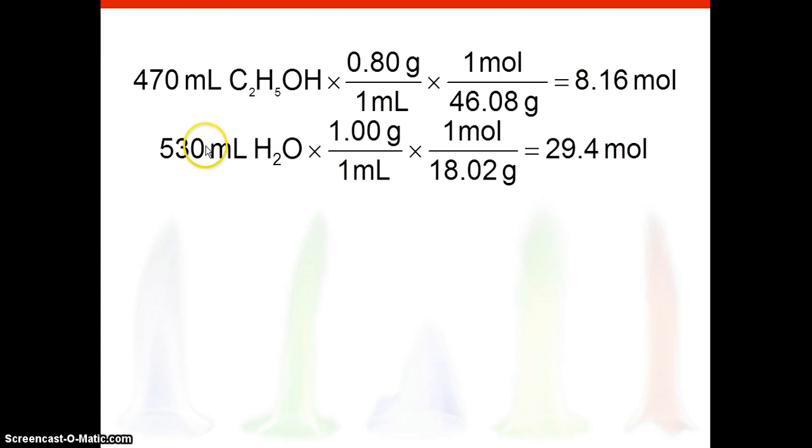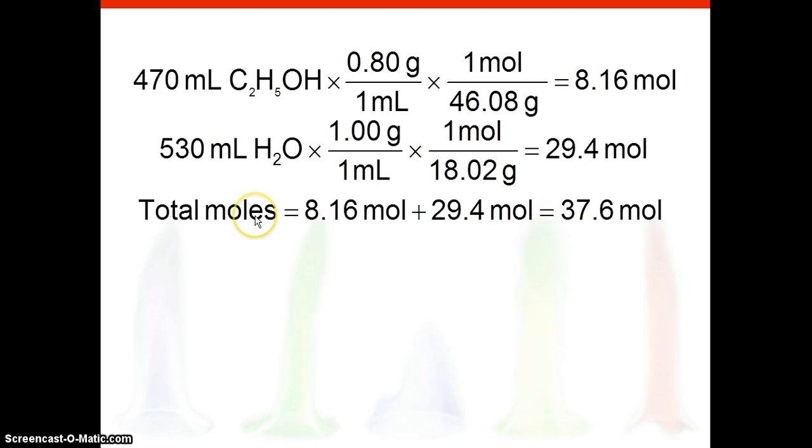Now we have 530 milliliter of water, and we multiply by its density, which is 1 gram per milliliter. We convert to grams. Here you can see milliliter cancels. 530 times 1 is 530 grams, and then we divide by its 18.0402 grams formula weight. You get 29.4 mole of water.